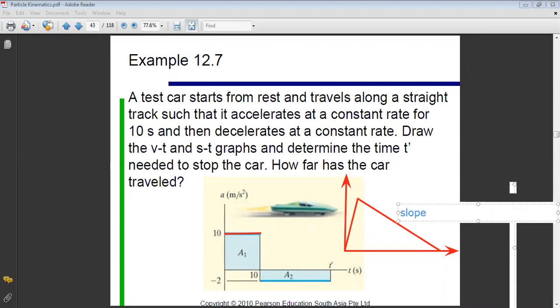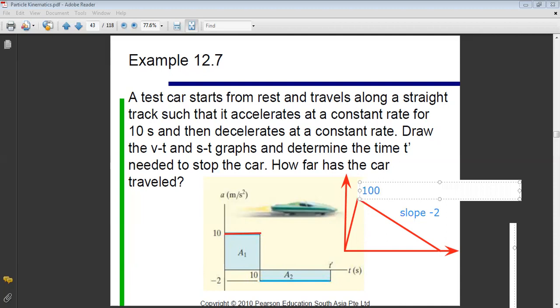Okay. So here the slope is +10, and here in the second phase the slope is -2. Now I know that the value here is 100, and I want to deduce what is t prime. Okay, this was the question, what is t prime? If I do a small representation, V is varying from 100 to 0.